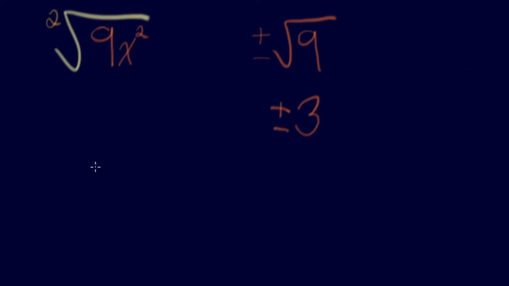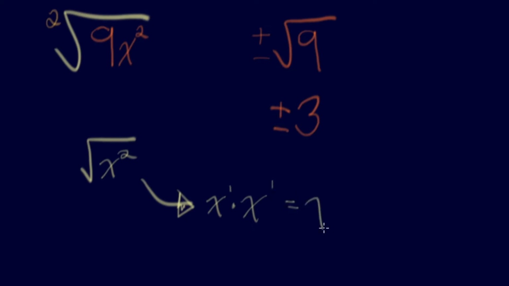Okay, let's talk about what happens when we take the square root of something that is squared. Maybe even taking a step backwards. Remember, to get x squared, how do we get there? We went x times x. Now remember, there's a little exponent here of 1.